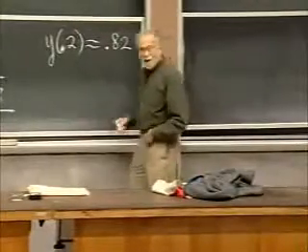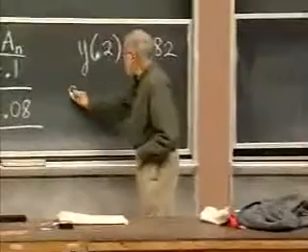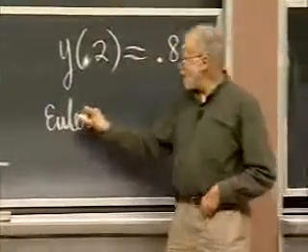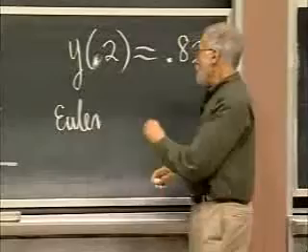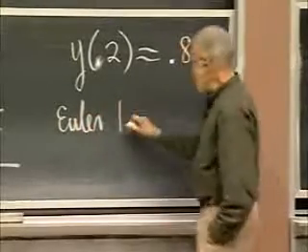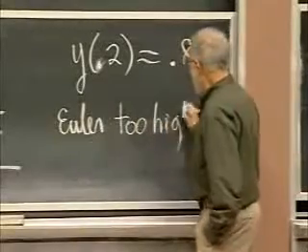Well, the first question I'd like to answer is, is this too high or too low? Is Euler, sorry, he will forgive me in heaven, I will use him, by this I mean, is the result, well, let me say something first and then I'll criticize it. Is Euler too high or too low?